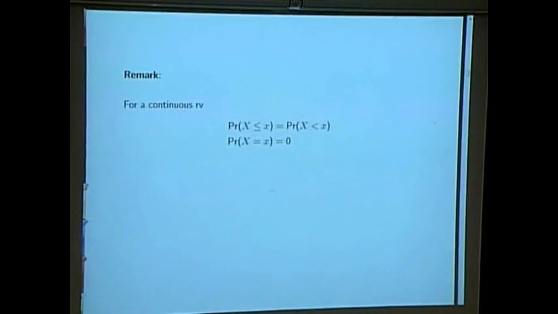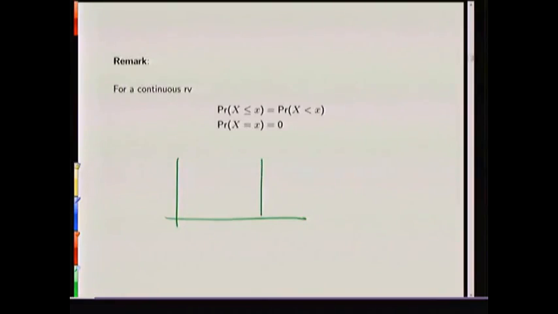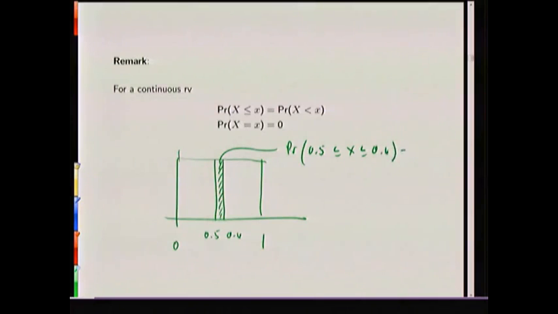All right, so I want to make a remark here. So in this example, let's say when we had the probability curve on the unit square, we can think of the probability, say, between 0.5 and 0.6 as the area under the curve.